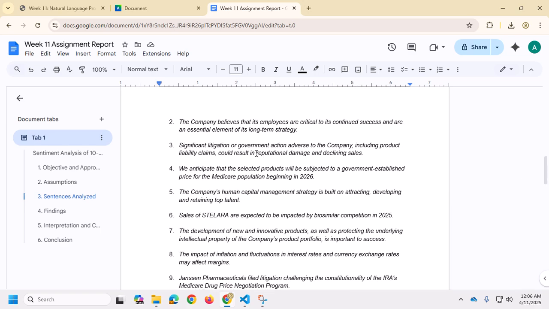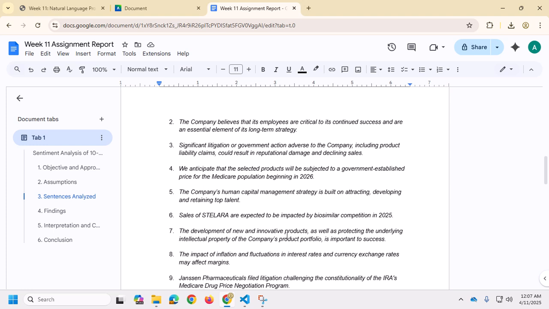Let's take a look at this one. "Significant litigation or government action adverse to the company, including product liability claims, could result in reputational damage and declining sales." "Sales of Stelara, which is a product of Johnson & Johnson, are expected to be impacted by biosimilar competition in 2025."